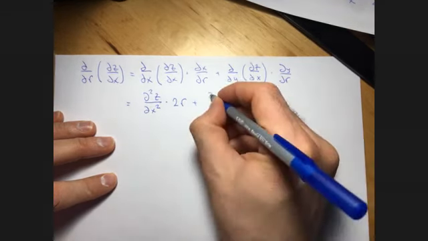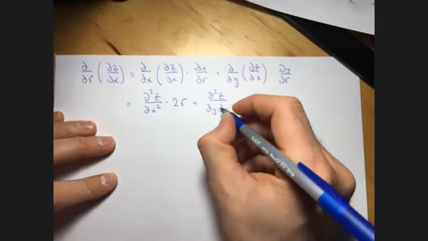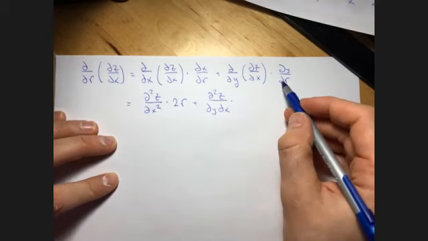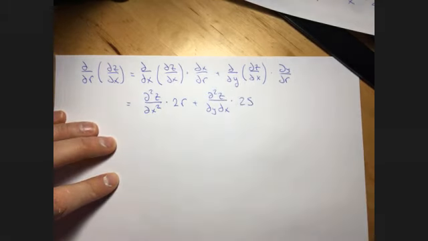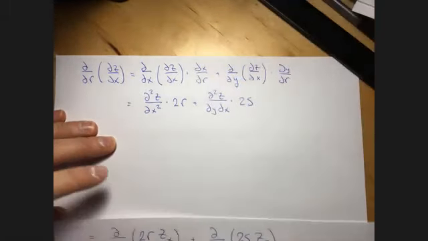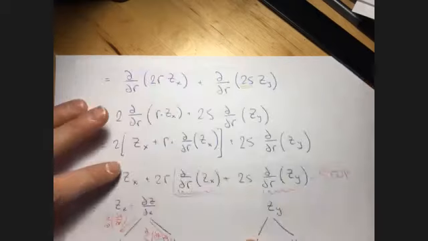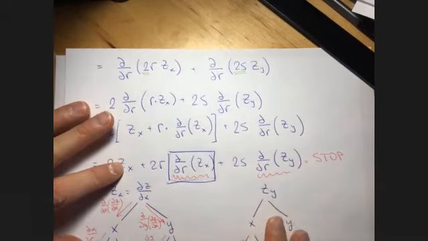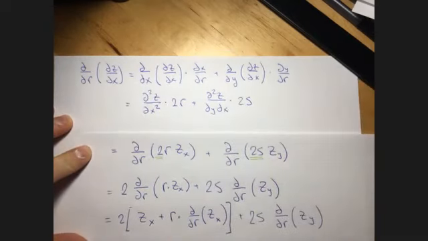So that's the second order mixed derivative, first with respect to x, then with respect to y, times partial y partial r, which is 2s, okay? This expression right here, it's only this part.